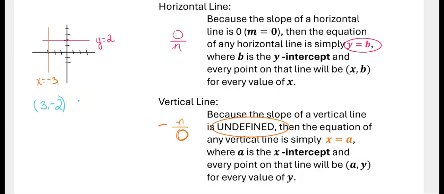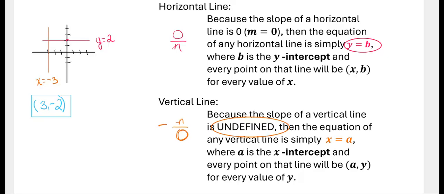So let's do an example with this. Let's say I give you the point 3, -2 here, and I say write an equation of a line through the point 3, -2 that is parallel to this pink line up here, y equals 2. Can you do that? Well, yes, I can.